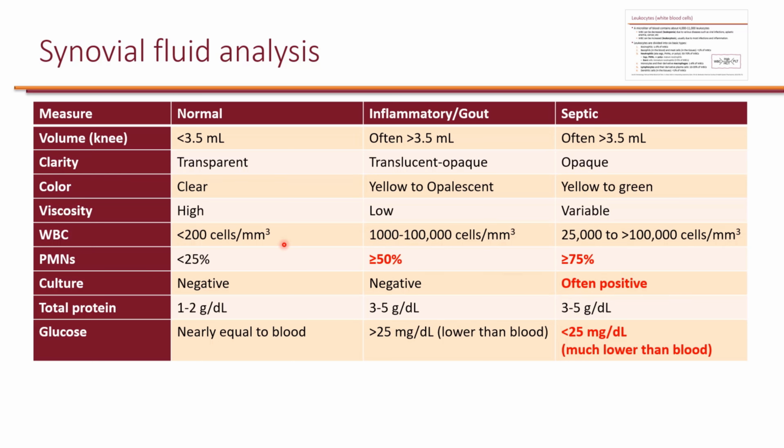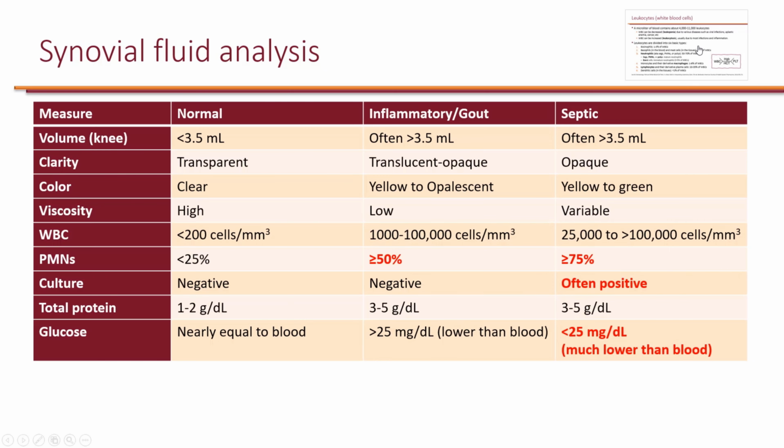Another thing you can look at is the PMNs or segs. Normally there should be less than 25% segs in the synovial fluid. In an inflammatory process, there will be greater than 50%, but if it's due to infectious causes, it's often more than 75% of the white blood cells in the synovial fluid.